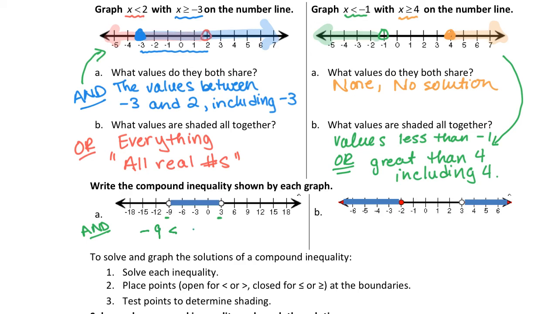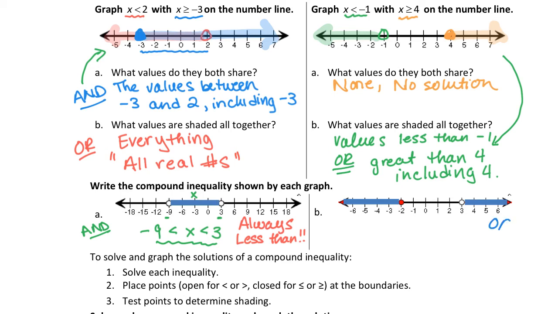Then you can pick any variable you want, but x is easy, and the x is shaded in between. Anything that's shaded is the x value. And we can see x is less than 3. This is called condensed form. It's really easy to do. It always starts with the endpoint on the left, ends with the endpoint on the right, and the variable goes in the middle. It's always less than. It's really important: always use less than symbols there.